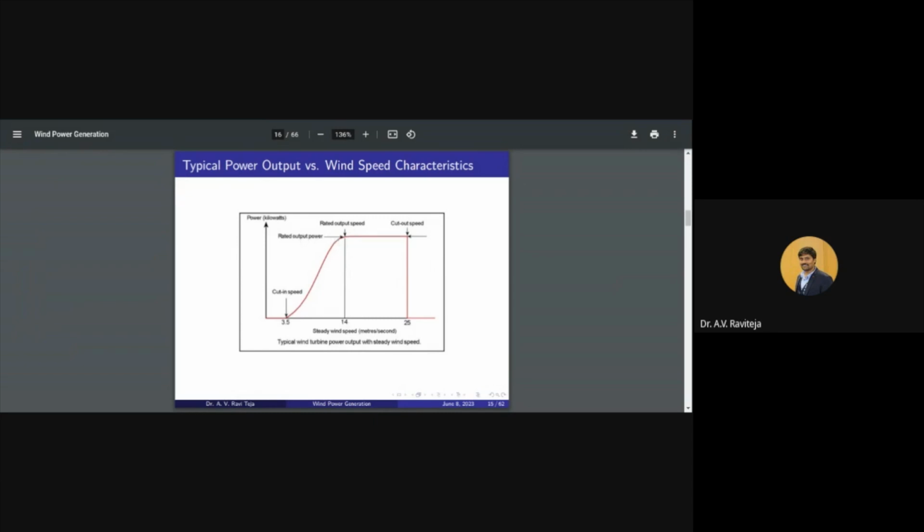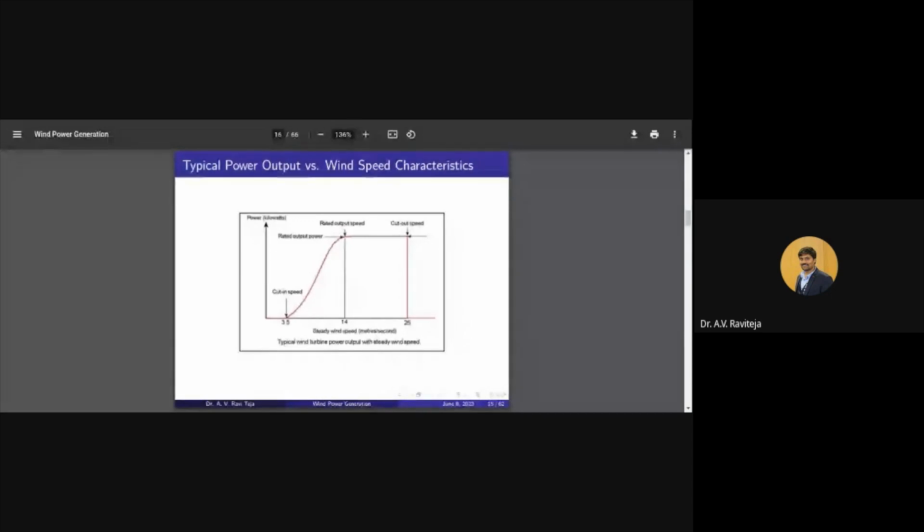So in any given location, you have to decide on this rated speed. If you choose the rated speed very high, then correspondingly the converter, motor, gearbox, all ratings will increase. Suppose for this system I choose my rated wind speed as 30 meters per second and design my system.